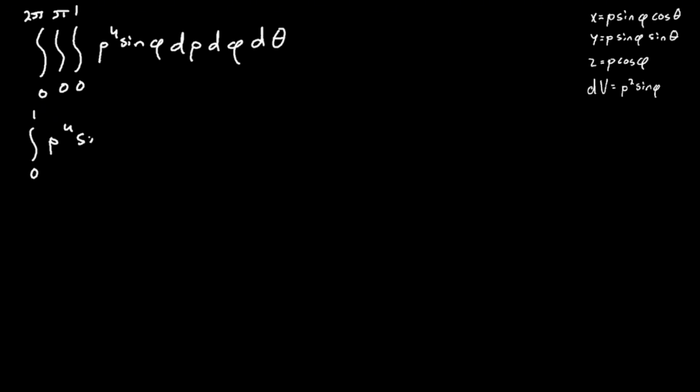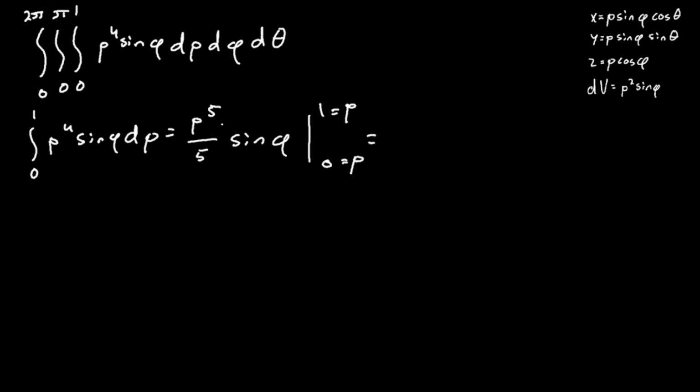So p to the power 4 sine phi dp is equal to p to the power 5 over 5 sine phi, from 0 to 1, and all you get is 1 over 5 sine phi once you plug in for 1 and 0. That's our new integrand, so we get pi down here. We integrate what we got previously with respect to phi.